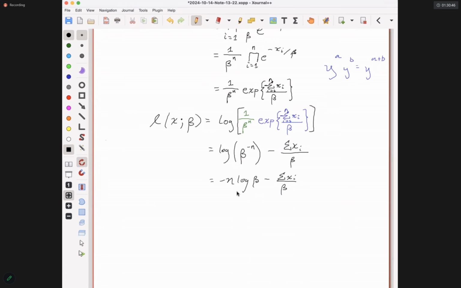This is as much as we can simplify the log likelihood. And so then what is our next step with finding the MLE?